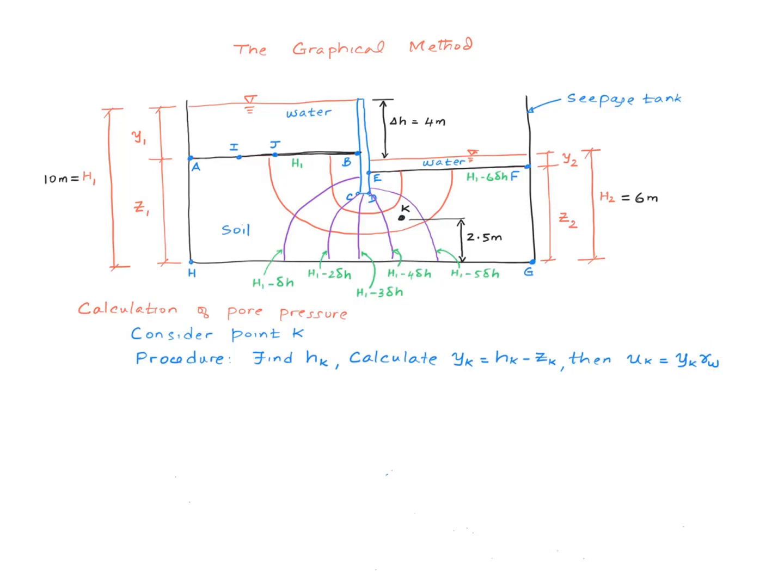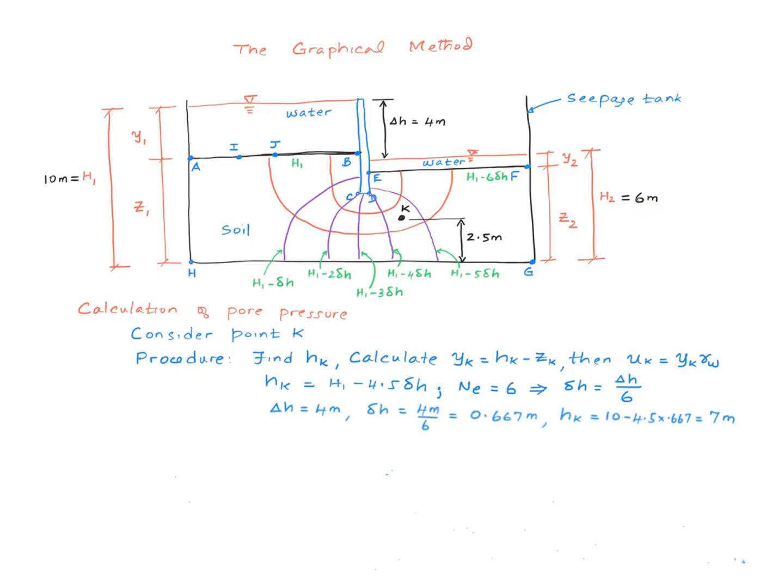Point K is roughly halfway between this equipotential line and this equipotential line, and therefore the total head at point K can be approximated as H1 minus maybe 4.5 times delta H. There are 6 equipotential drops, and therefore little delta H equals big delta H divided by 6. I put some numbers here so we can do this numerically.